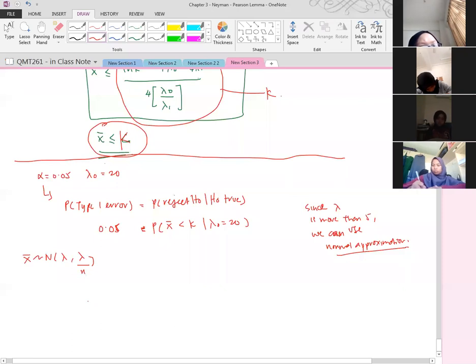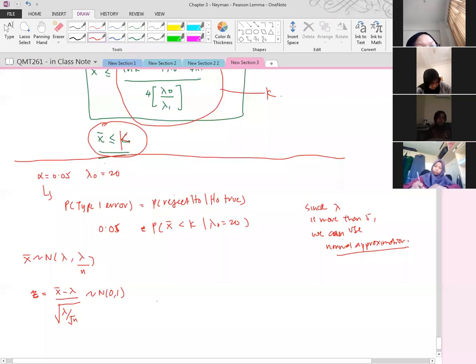So the z distribution should be x bar minus lambda divided by square root of lambda over n, right? They will lead to a standard normal distribution.